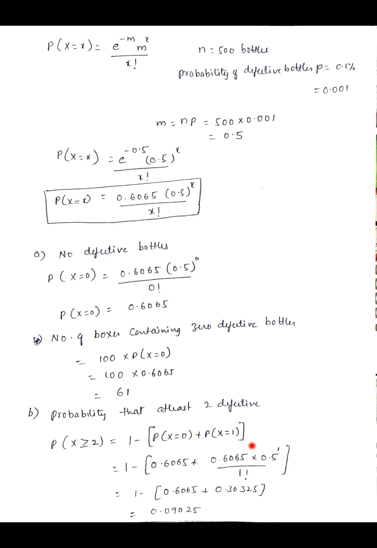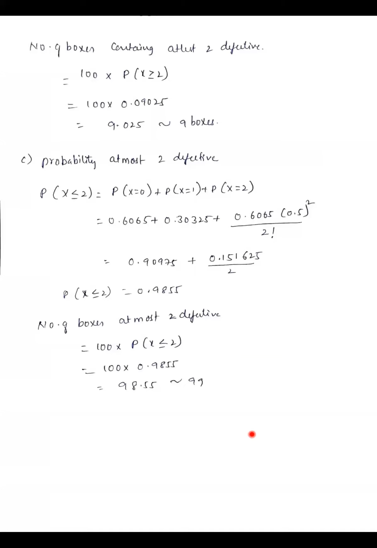After substituting you will get the value as 0.09025, and the number of boxes containing at least 2 defective is 100 into this probability. So you get the value as 9.025, that means about 9 boxes. Out of 100, only 9 boxes contain at least 2 defective bottles.